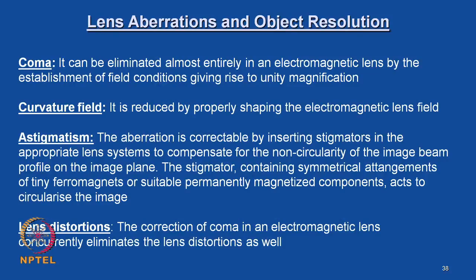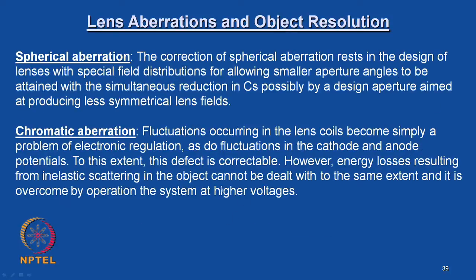Here, since your focal length, everything is controlled by the field strength, your aberrations are also controlled by the appropriate field strength and its distribution in the appropriate lens system. So we will see the other aberrations.